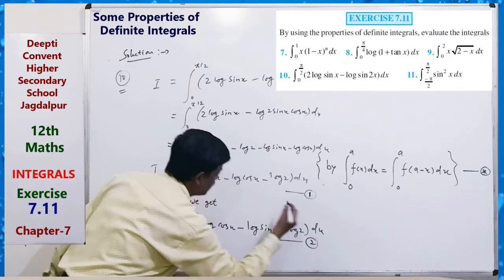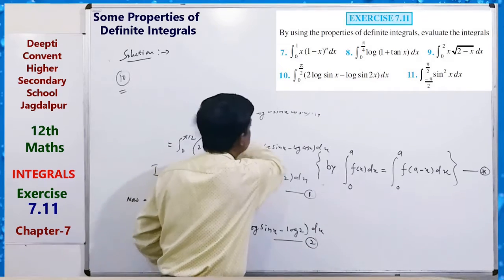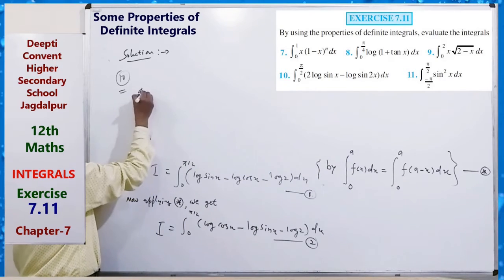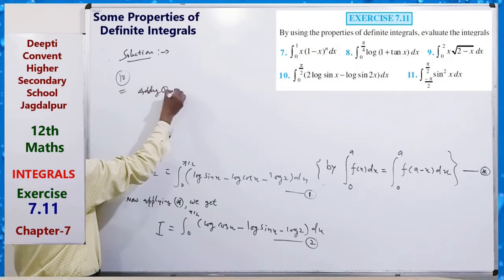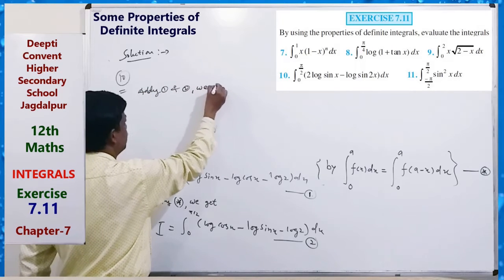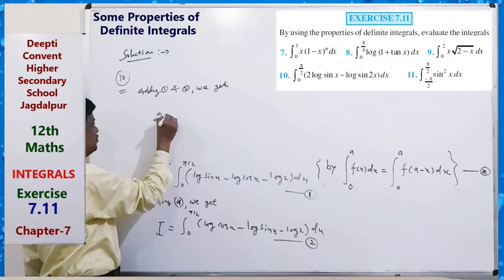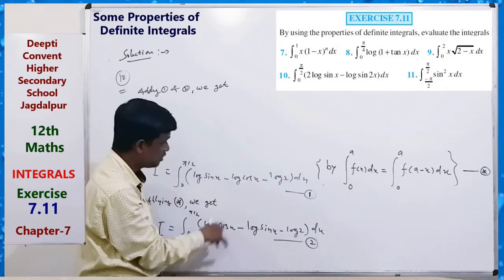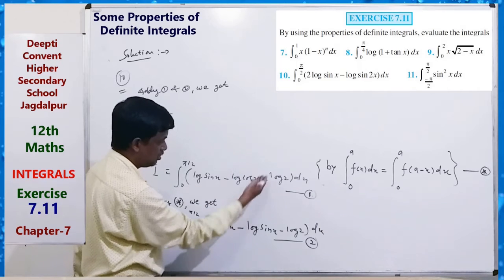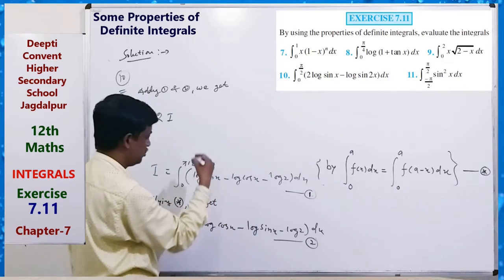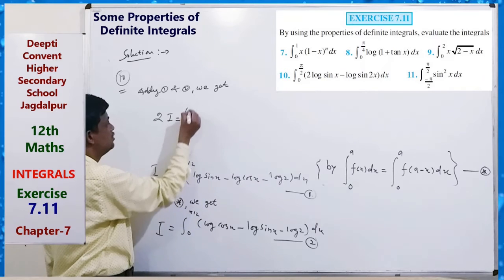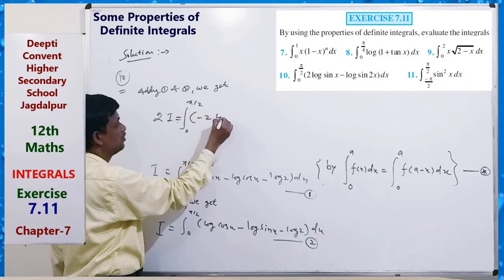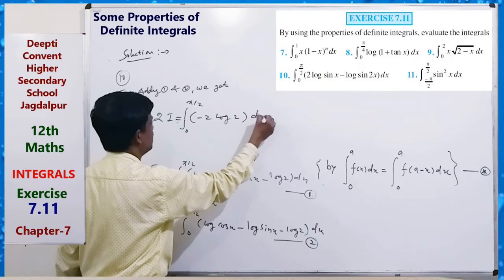Now add these two quantities. Adding 1 and 2, we get 2I equals the integral where log sin and log cos cancel out, and only minus 2 log 2 remains, from 0 to pi by 2, dx.